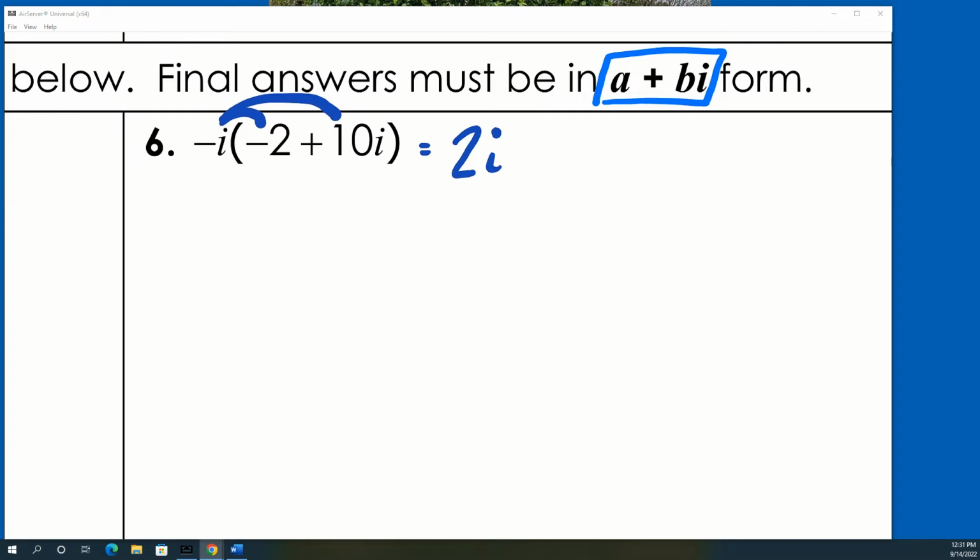And then negative i times 10i is negative 10i squared. Right. And now what should negative 10i squared be? Positive 10. And we're going to write it first because we write the real part first and the imaginary part second.